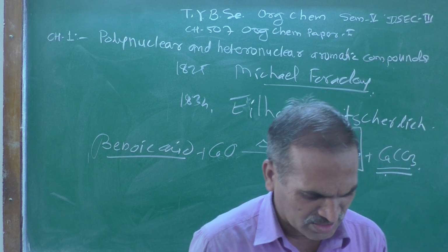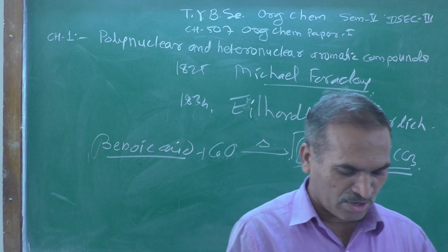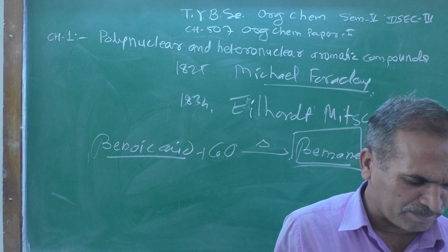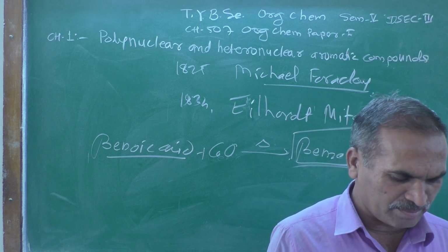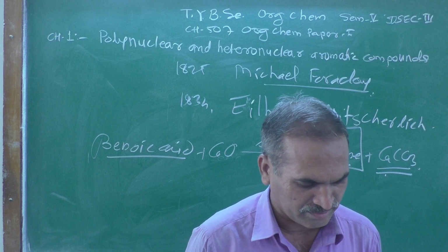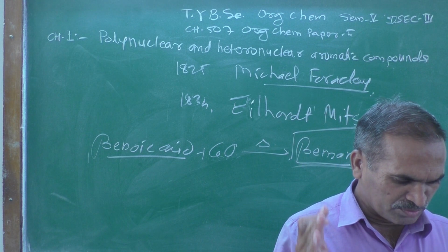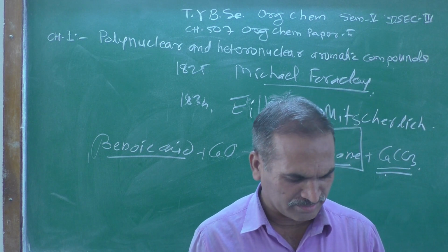Benzoic acid was easily isolated or extracted from the trees, but the structure of benzene puzzled early organic chemists, and from different experimentation they observed different facts about benzene.